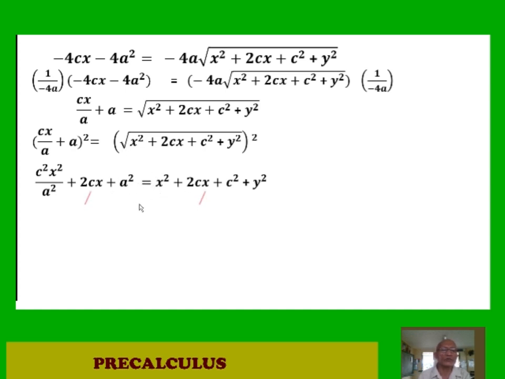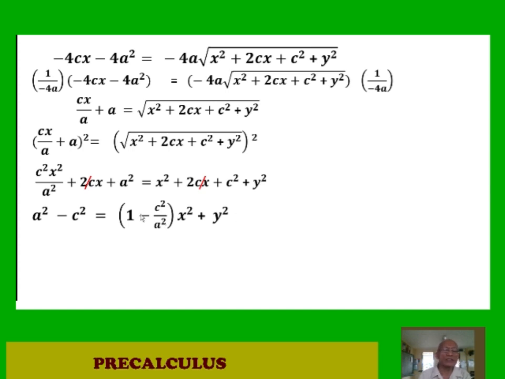Cancelling what is common to both sides of the equation, 2cx is common. Then we have a squared, this c squared transferred, this term involving x squared together with the x squared, and x squared is factored outside, plus y squared.